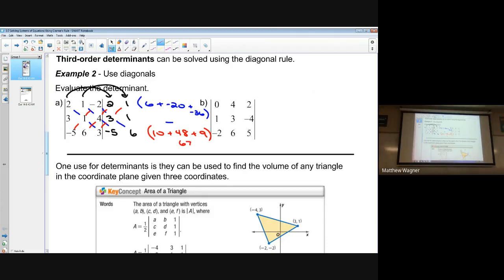So this one is going to be 67. And then up here, we have negative 56 plus 6. That's going to be negative 50. So negative 50 minus 67 is negative 117.